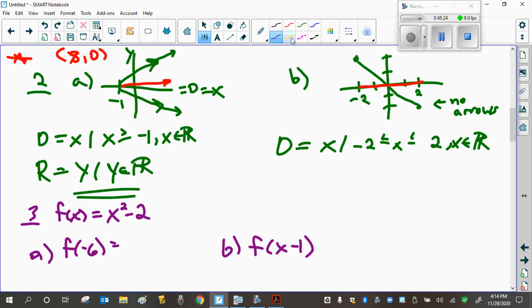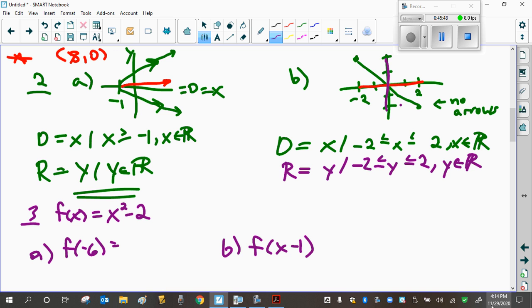And the range is going to be the same thing, from -2 to +2, except it's going to have a y in the middle. I'll just use purple. Negative 2 less than or equal to y less than or equal to 2, where y is an element of all real numbers.